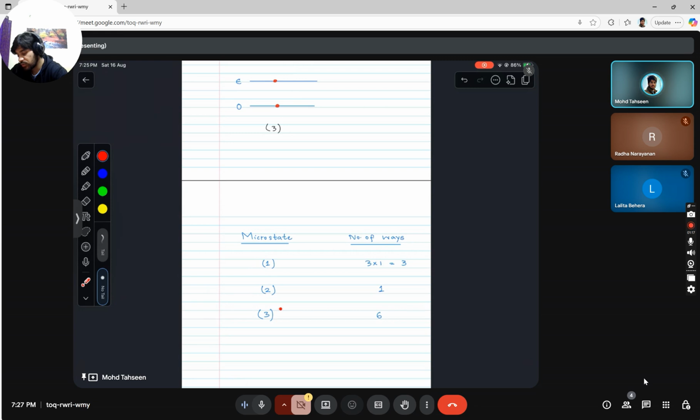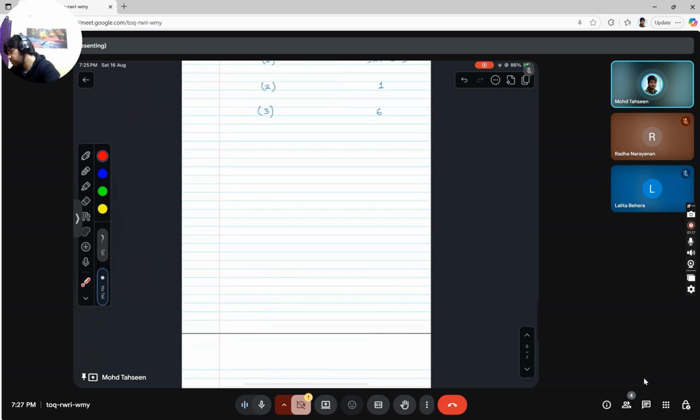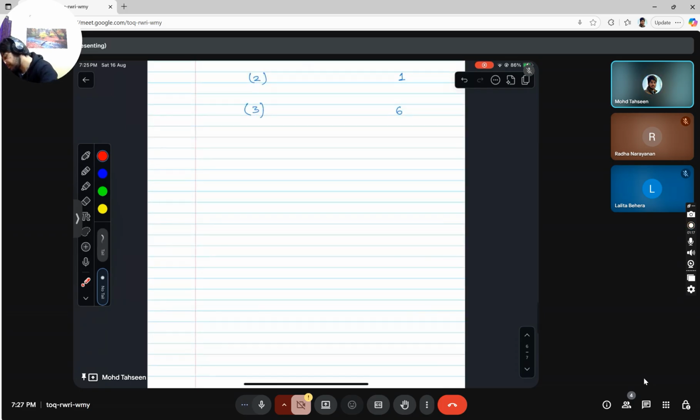So for the first microstate we have 3 ways, for the second microstate we have just 1 way, and for the third microstate we have 6 different ways in which we can construct it. And now we will do one final one, which is for 4 particles.